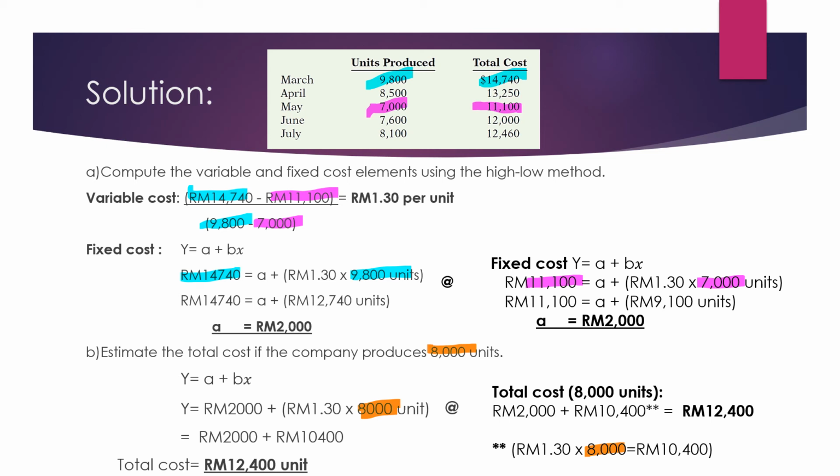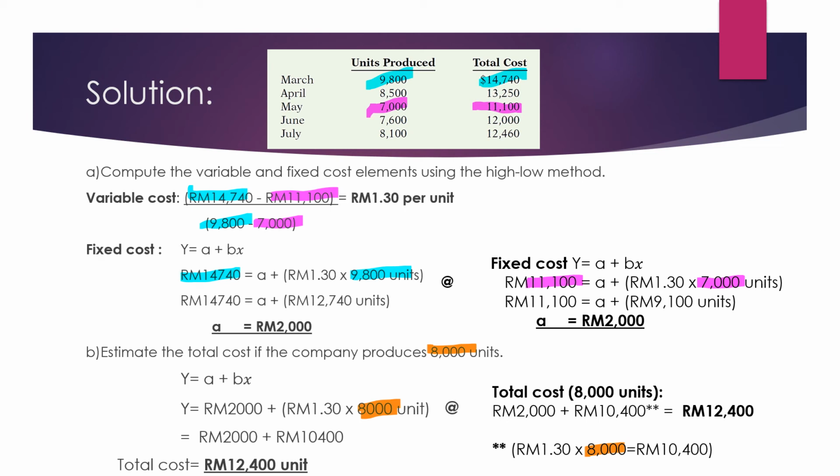Variable cost equal to 40,740 minus 11,100 divided by 9,800 units highest activity minus 7,000 lowest activity. So the variable cost equal to RM1.30 per unit. So this is the variable cost.